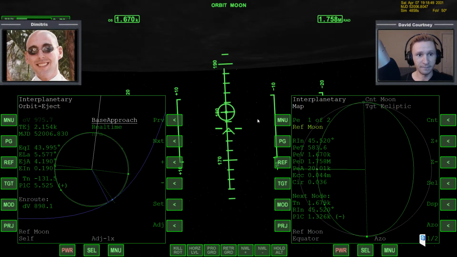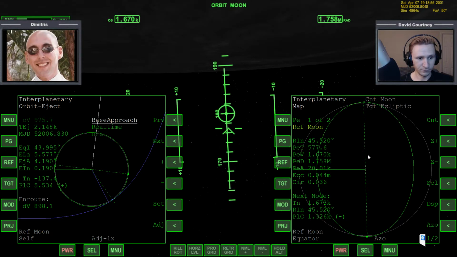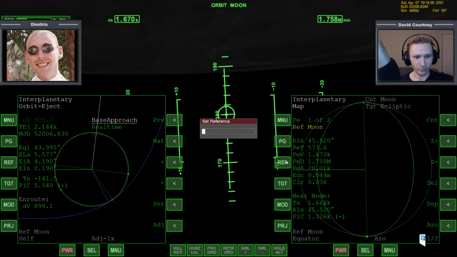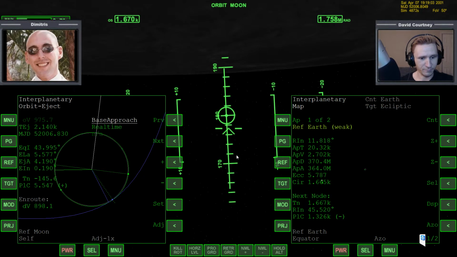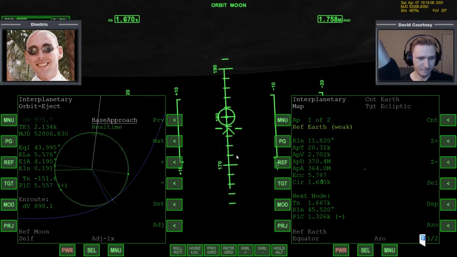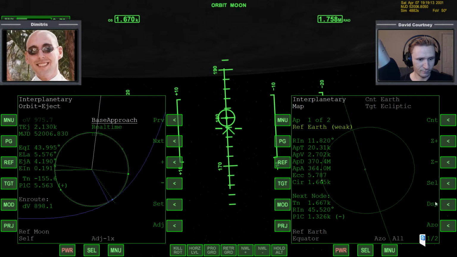Okay, we have already opened the map program, so we need to reference the Earth. We want to see the Earth as the central body in this map view. So on the map side, we're going to reference, then Earth. Now Earth is in the middle, and you can't really see where we are right now, so hit the display button, and it will show us the orbit of any other bodies around the Earth.